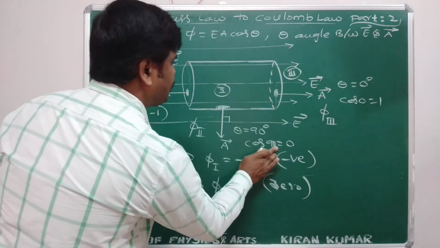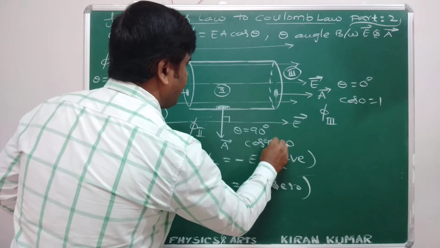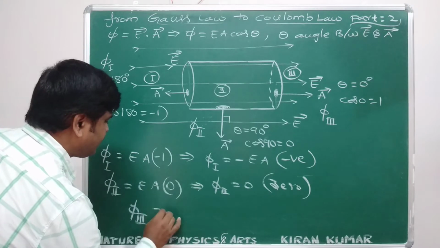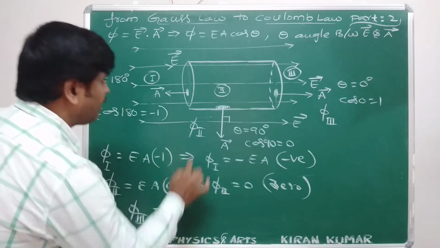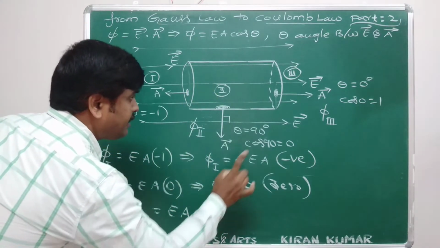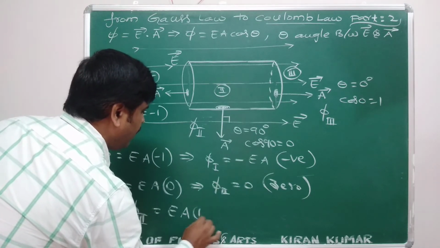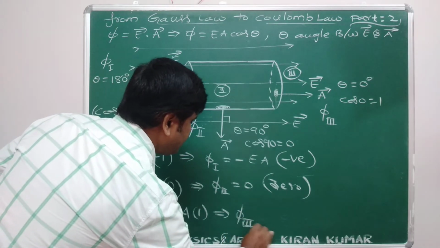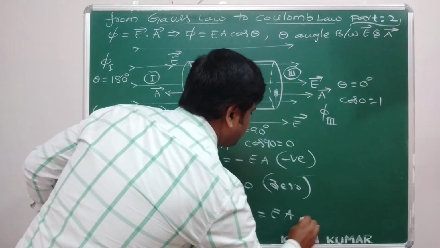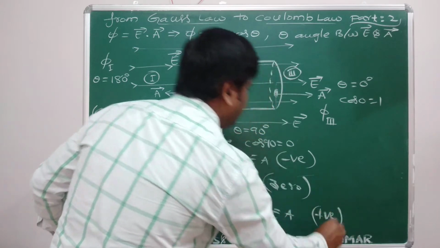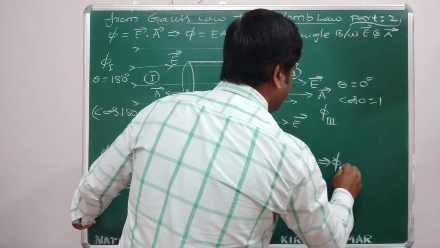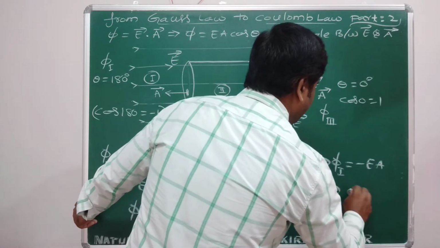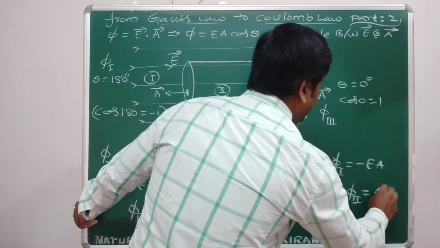And the third region is E bar dot A bar, that is EA cos theta, EA cos 0, where cos 0 is equal to 1. So we get electric flux phi 3 equal to EA. Here electric flux is positive, here it is negative, minus EA, and the second one is equal to 0.